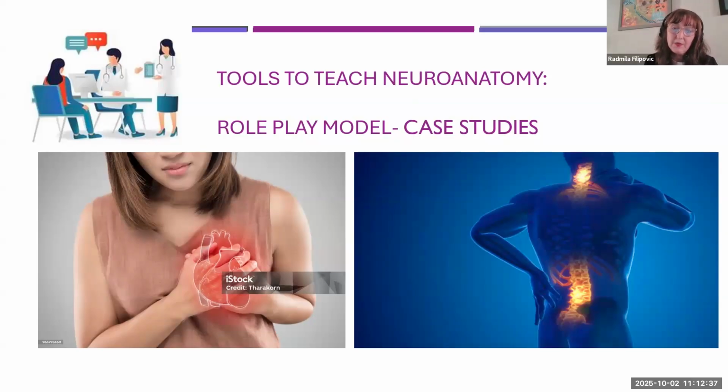What we have been using recently is a role play model, where students are divided into different groups, and each has their own role. One is the patient, one is the doctor, one is the nurse, and then they explain all these symptoms to the class, and they learn neuroanatomy through this team activity and role play model.